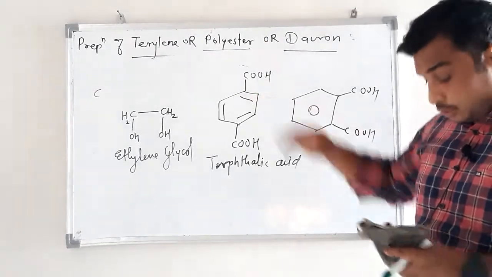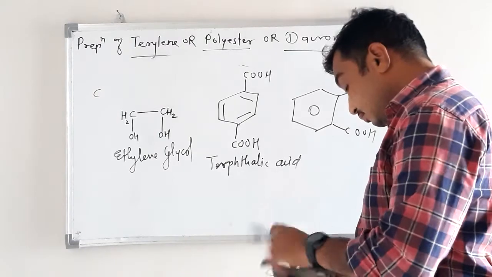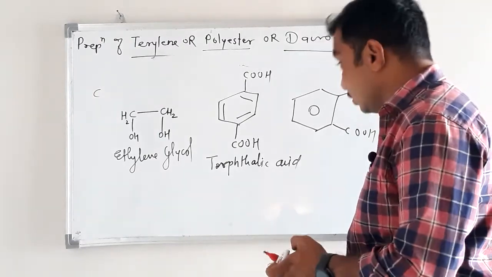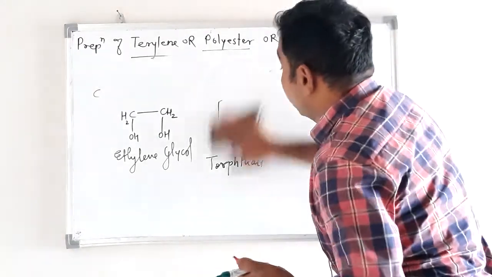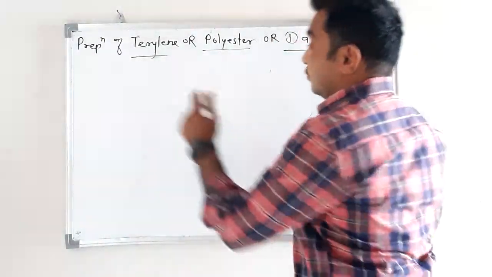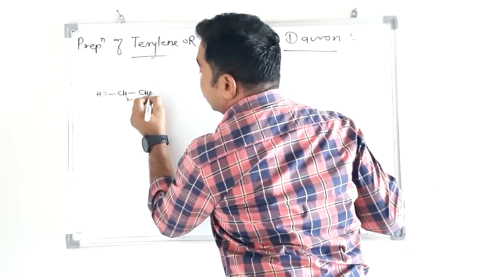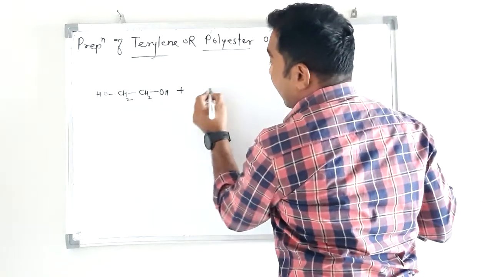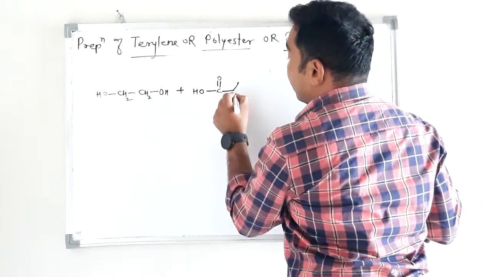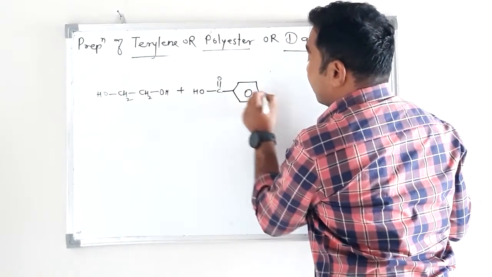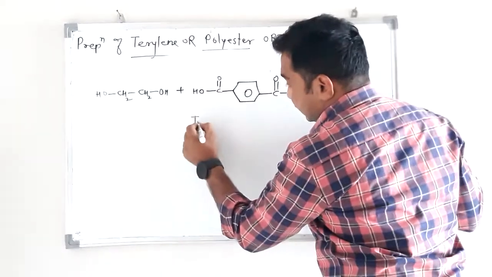Okay. Now this polymer, very simple, is prepared by condensation polymerization of ethylene glycol, CH2OH, and terephthalic acid.